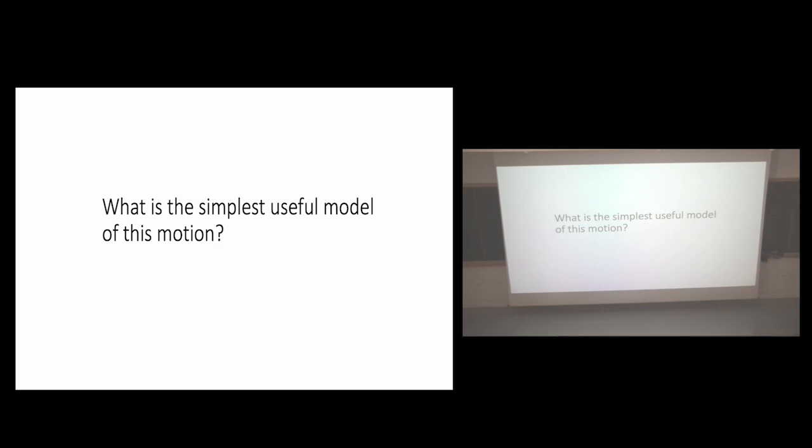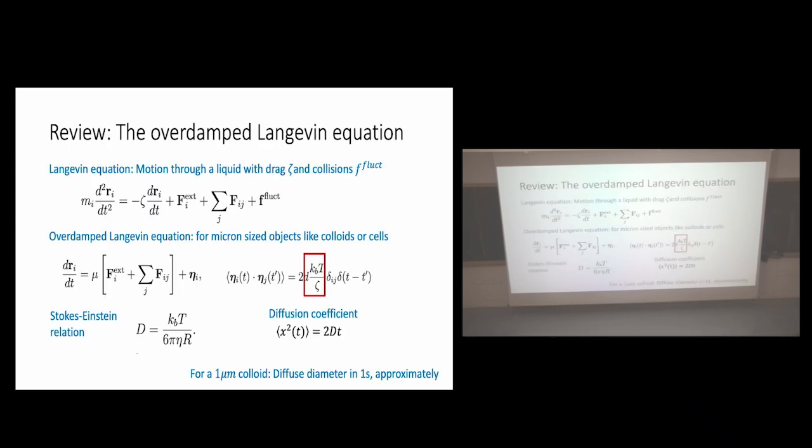So I wanted to, in about 40 seconds, review the Langevin equation. Now I know this audience doesn't need it, but I wanted to set the basis and define my notation. So if I write down Newton's equations for, say, an active colloid moving through a fluid, or even a cell moving over a substrate, I should write m times a is equal to f, yeah?